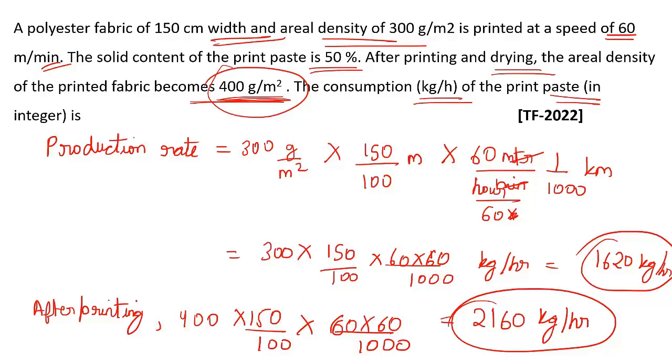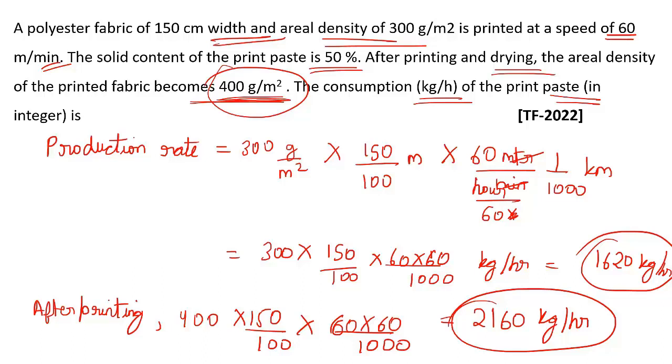So what is the increase in the fabric weight? If you have done printing, there is an increase in weight due to the weight of the print paste, because the print paste also carries some weight. As you can see, the GSM of the fabric earlier was 300 and after printing it increased to 400.